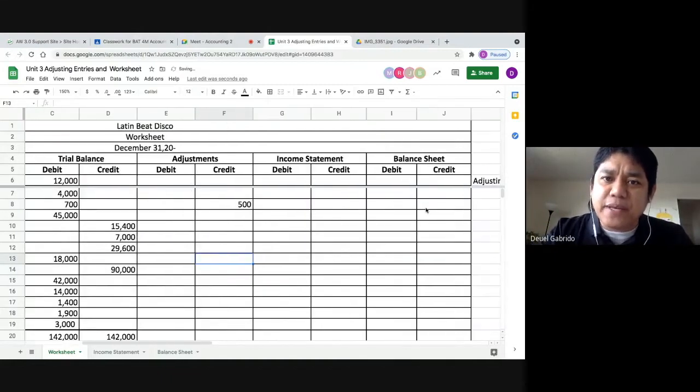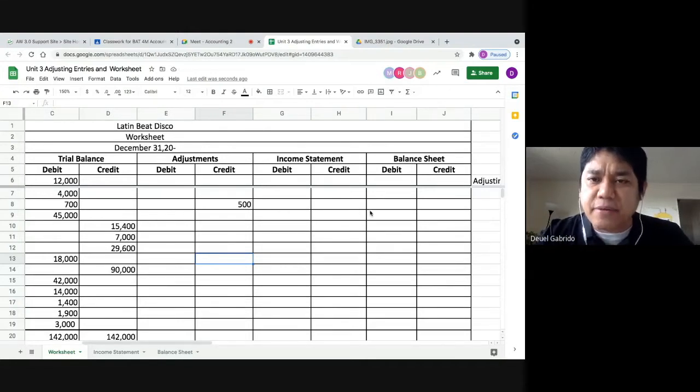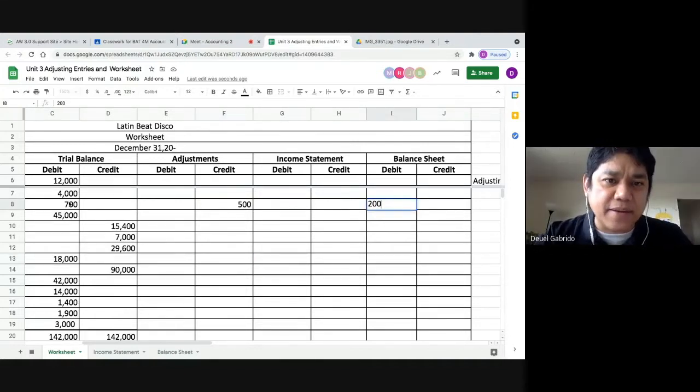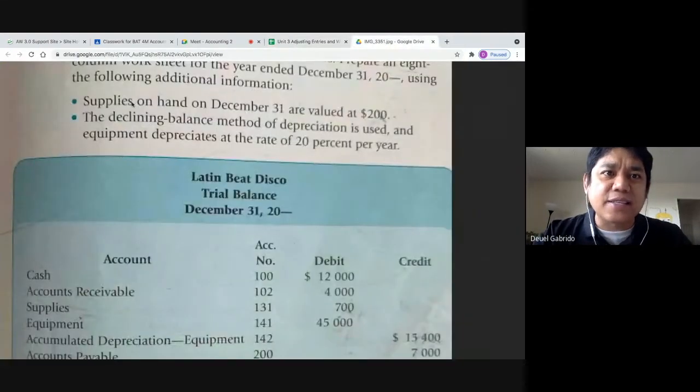So how much would be the new amount of supplies at the end of the year? 200. Where, balance sheet or income statement? Balance sheet, of course. And that is debit still, because debit is bigger than the credit. You subtract the two. And the 200, guys, is the same as the supplies on hand on December 31.